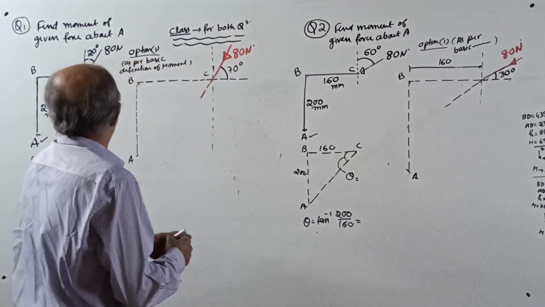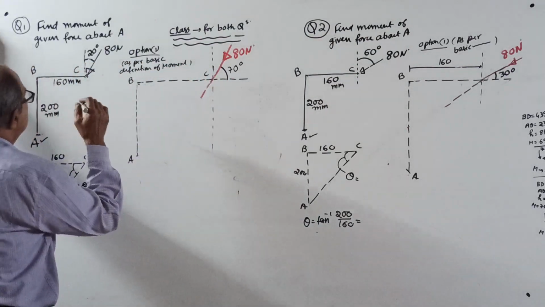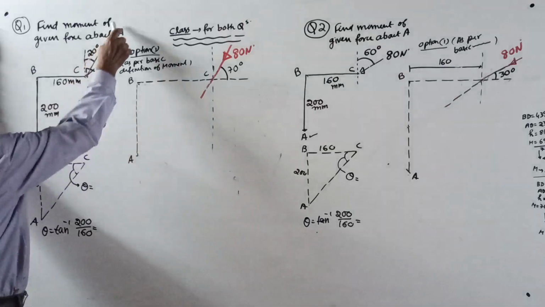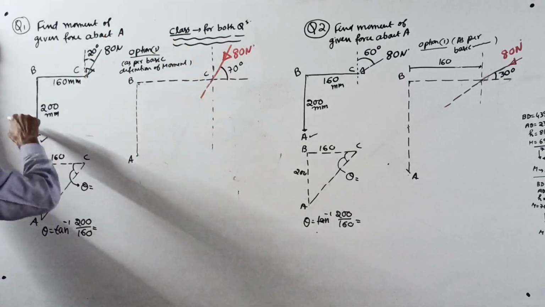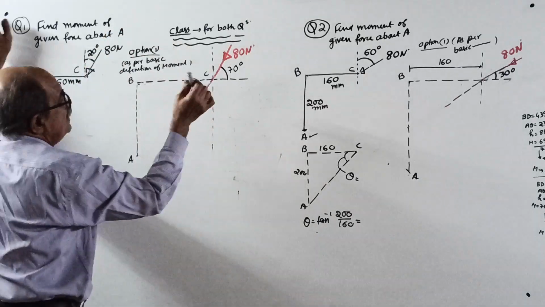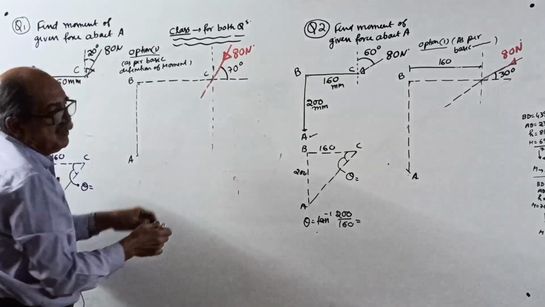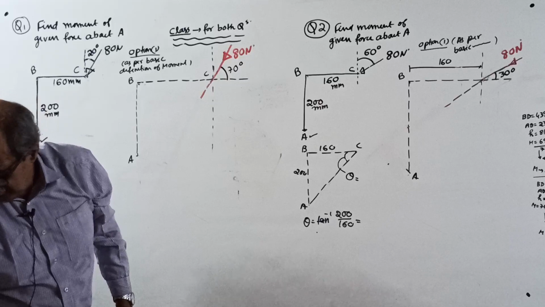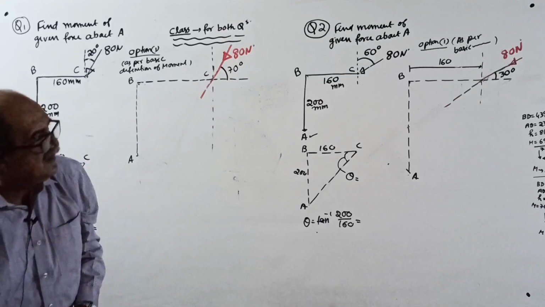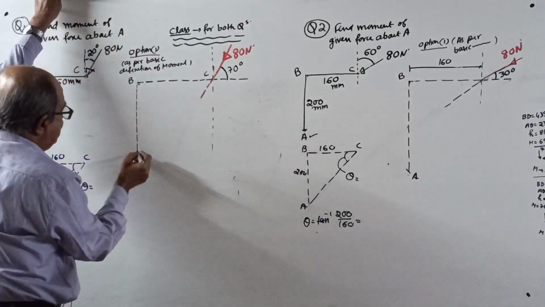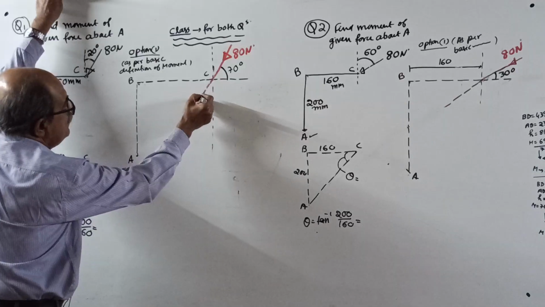Okay, start now. Therefore, for both the questions, from the point A to line of action of the force, you require perpendicular. So what you do is, this 80 Newton force, in red color I am showing that force. So that line to be extended. See, if you draw perpendicular from A, this line to be extended.